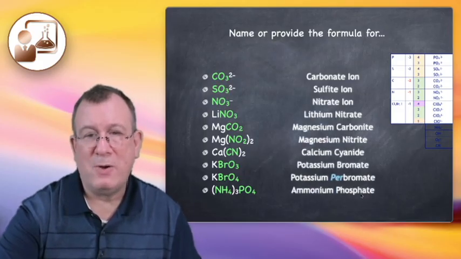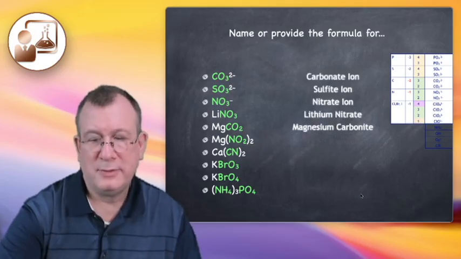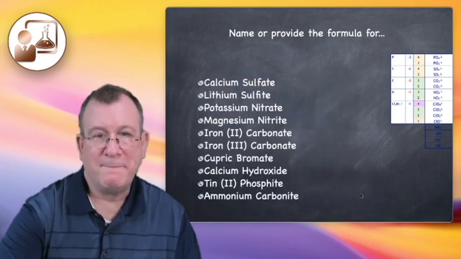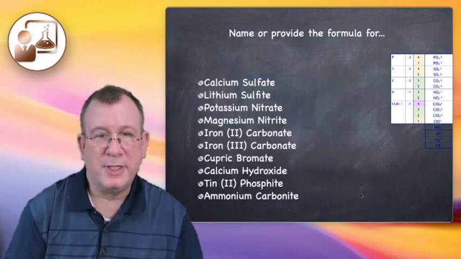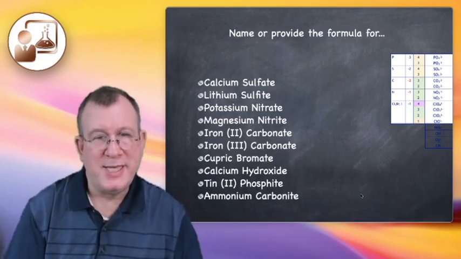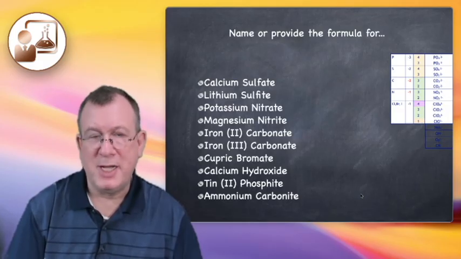All right. Now, if we need to go in the other direction, for example, calcium sulfate, well, just name the 2 ions. Okay, calcium ion, how do we represent that? It's in column 2. So the symbol for calcium is Ca 2 plus.